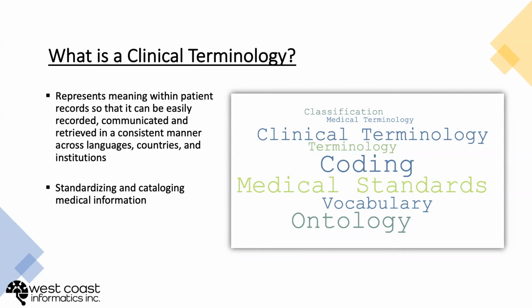So the modern terminology came around in the 90s. Before that, things were free text with some of these codings on the back end that sort of represented meanings, but not to the level that we needed to do a lot of the sophisticated exchange of data that we have now.